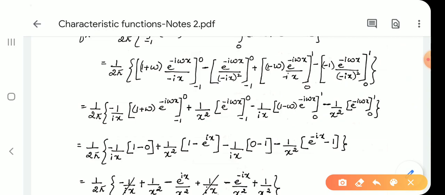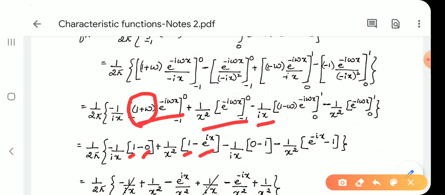So when I apply the upper limit here, 1 plus 0 becomes 1, into e power 0 is 1. So when we put the upper limit, we get 1. When we put the lower limit, 1 minus 1 becomes 0, and 0 multiplied by anything becomes 0. In the second term here, 1 by x square into e power 0 becomes 1. When we put the limit in place of x, if I put minus 1, I get e power ix minus 1 by ix.